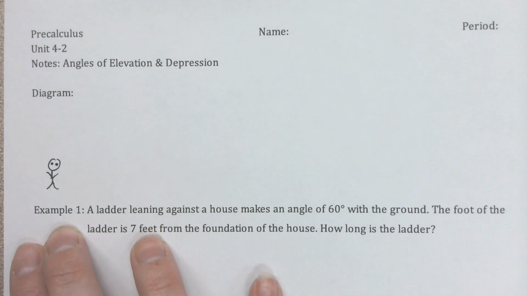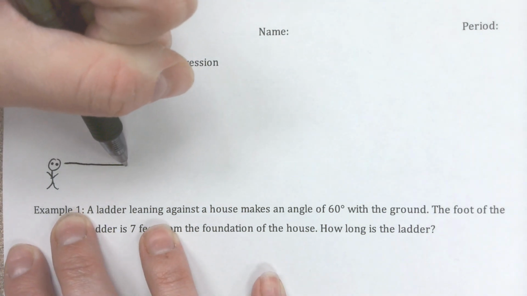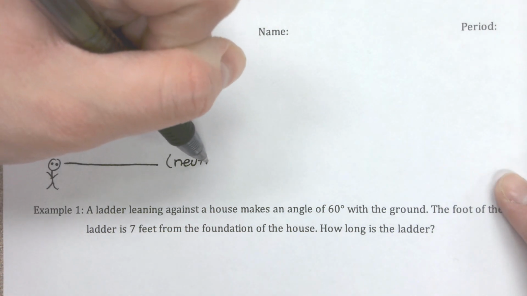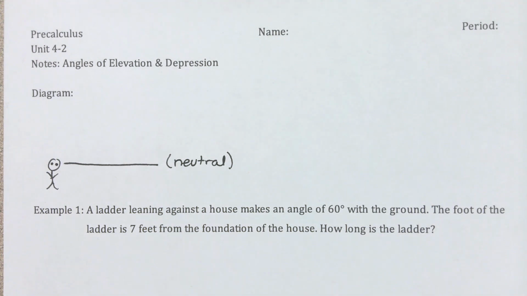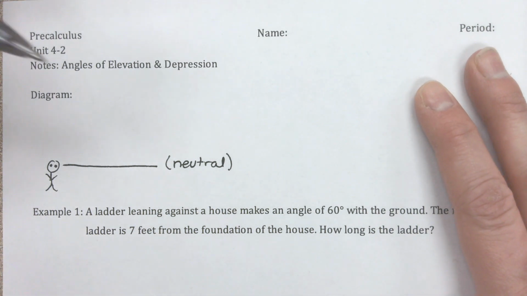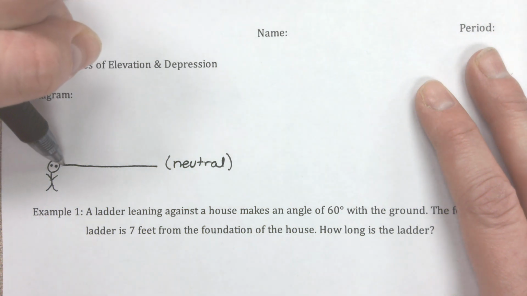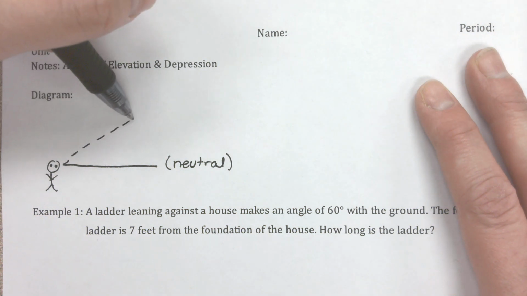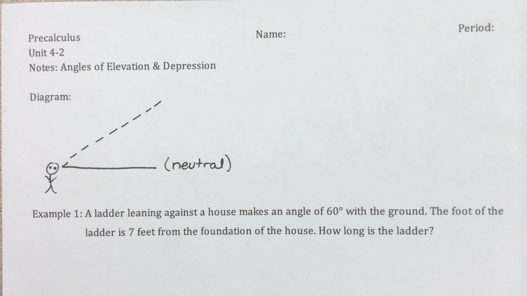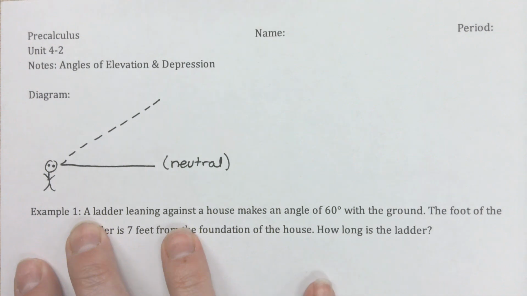And that would be looking straight ahead. And I refer to this as neutral. From here, to make an angle of elevation, we're going to have to go up. That creates our angle.